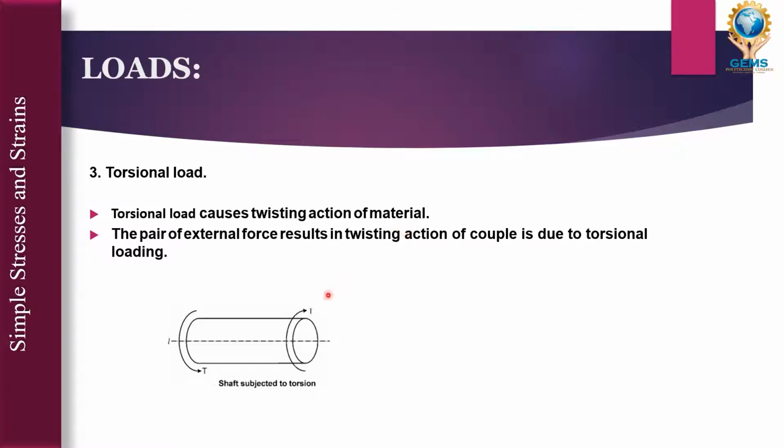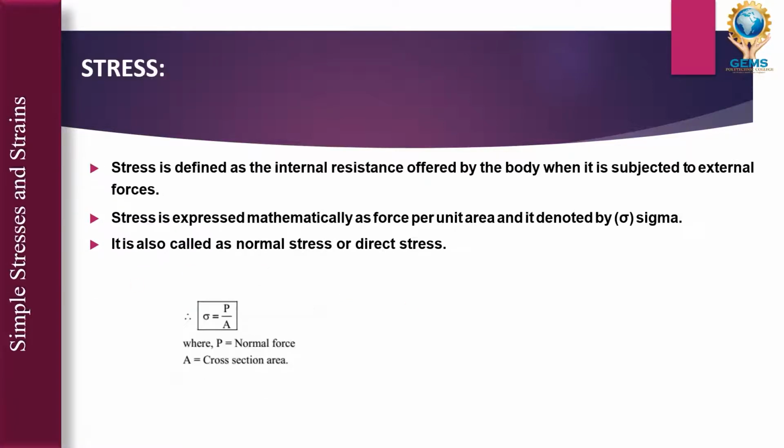If you apply torsional load, one force will apply by this side, another force will apply by this side. This will cause twisting action of material. It will twist the material. Understand? And the pair of external forces resulting in twisting action of couple is due to torsional loading. You have to draw this diagram. This diagram is very easy.